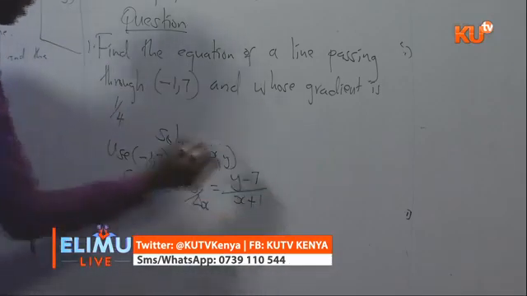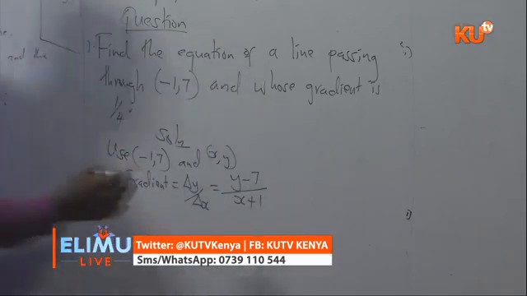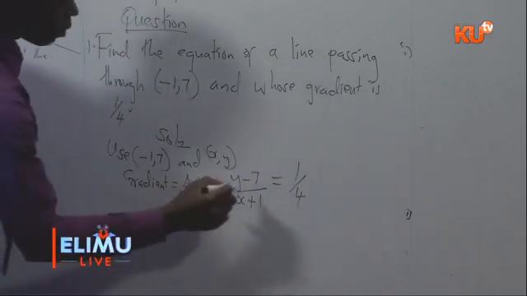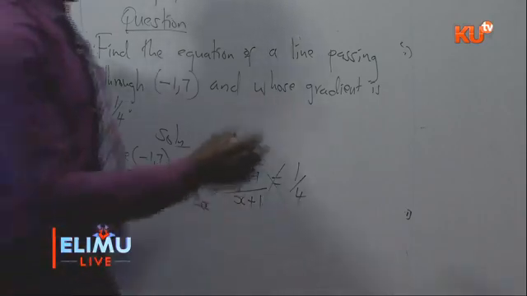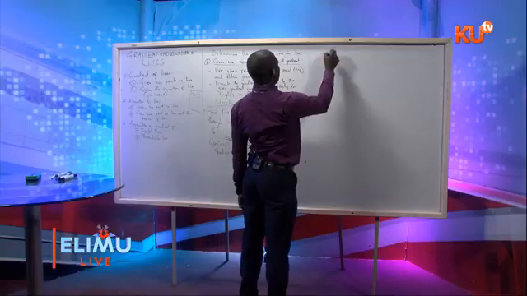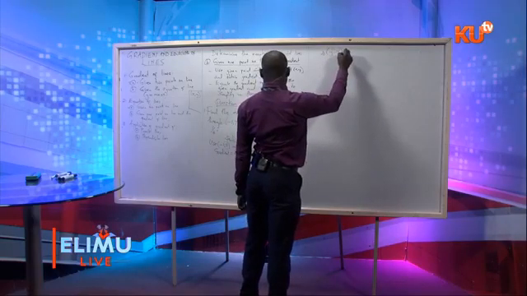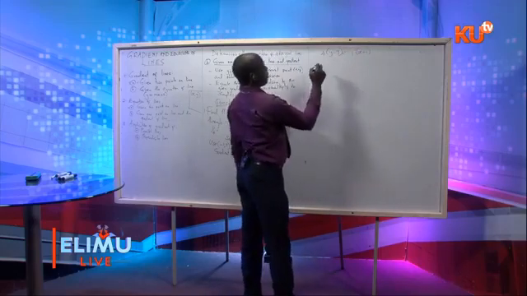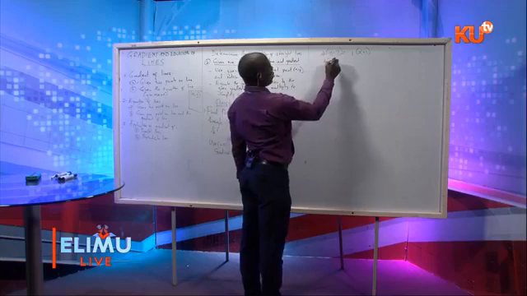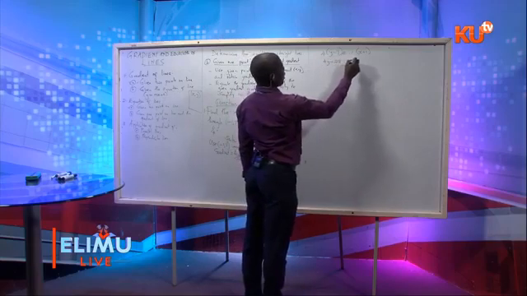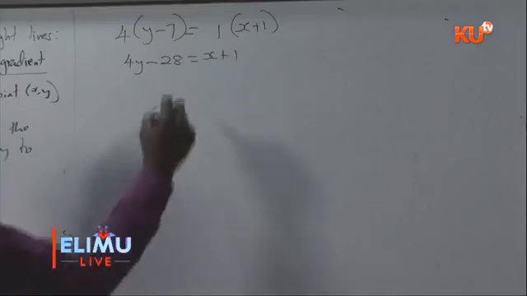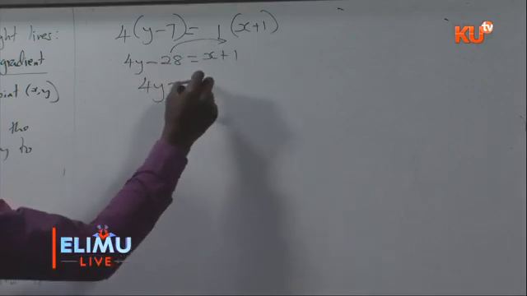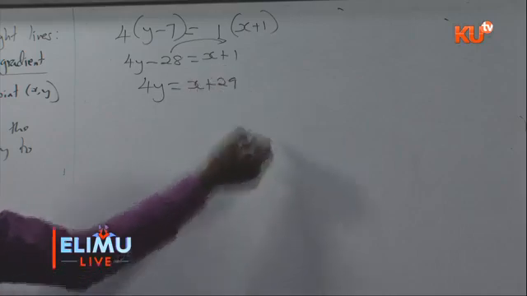And this gradient has already been given as 1 over 4, so we equate it to 1 over 4. And then do the cross multiplication so that we have 4 into y less 7 is equals to 1 into x add 1. Then by expansion, we have 4y less 28 is equals to x add 1. Then collect like terms. This turns to the right hand side. So 4y is equals to x add 29.